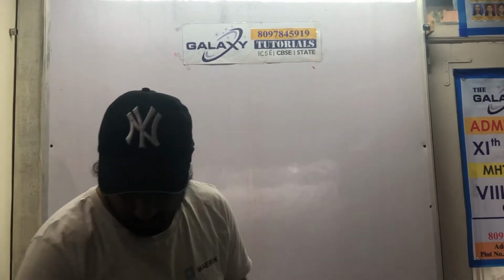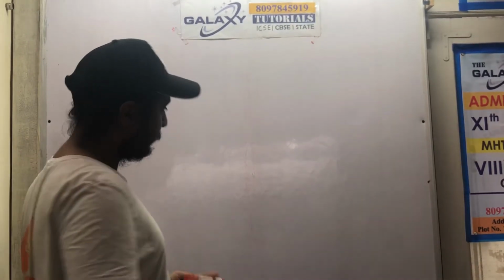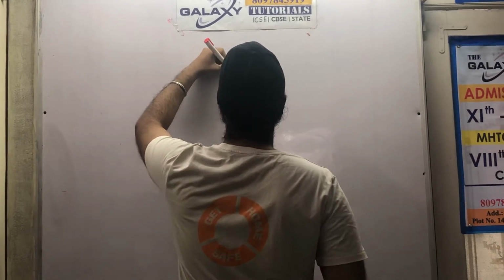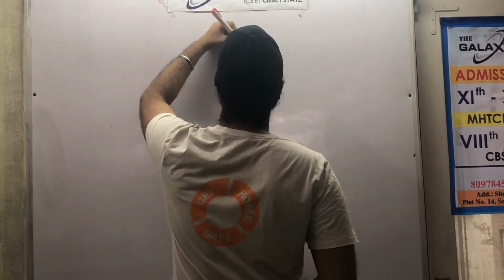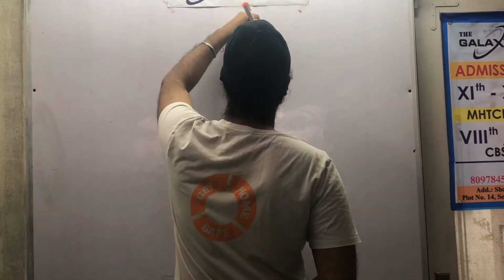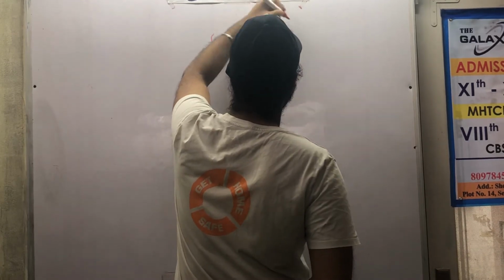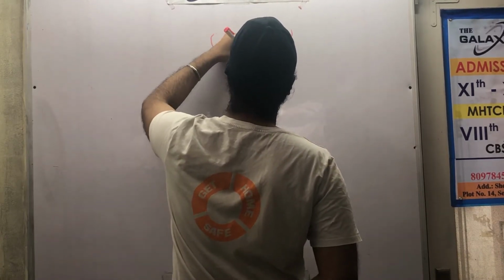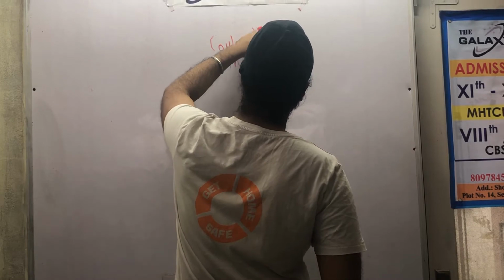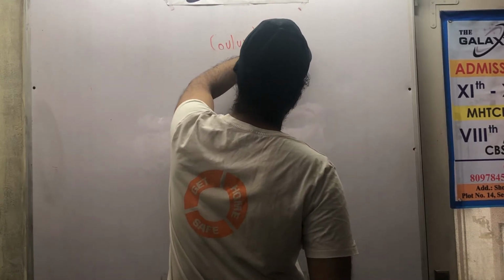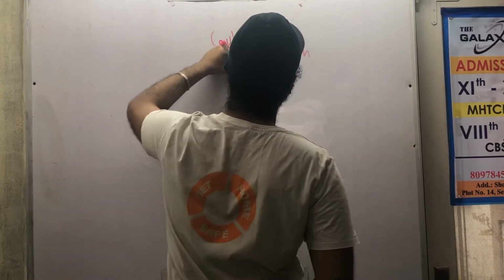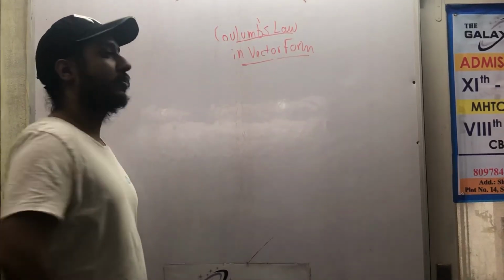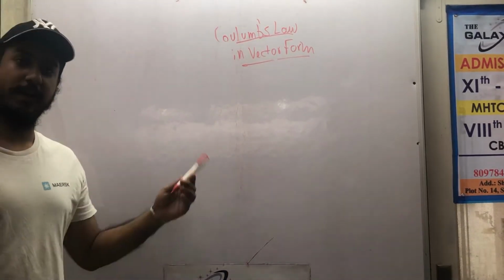Now the next topic is the Coulomb law in vector form. This is a very important derivation, often asked in your exams as a 3 or 5 marker.